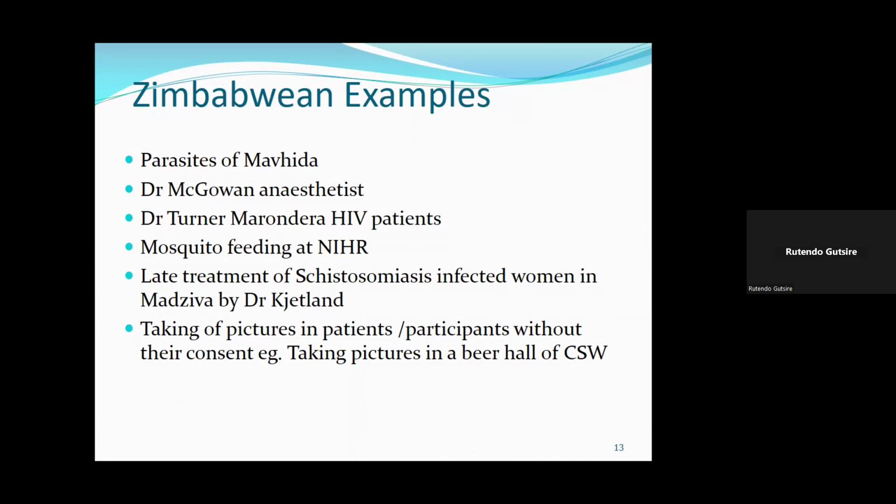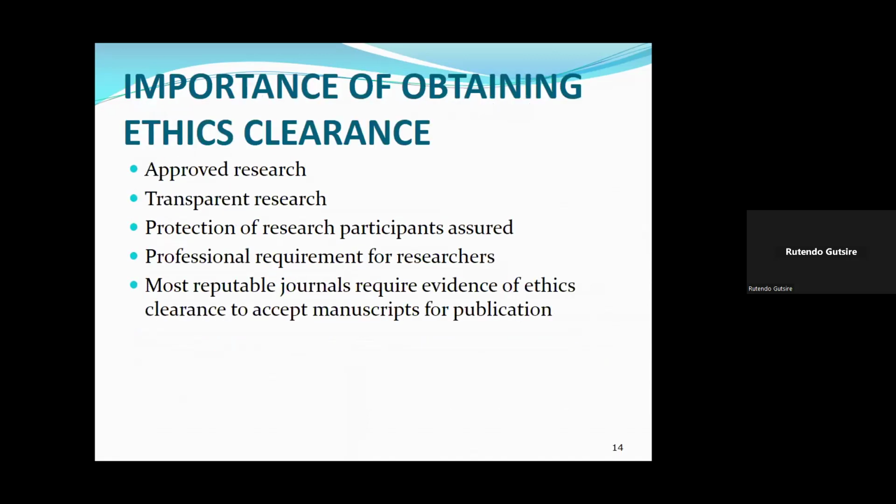When he came back, he went straight to the director and said, we have to stop this mosquito feeding using human beings. There are technologies. So that's why we are having this course. We want you to develop innovative projects, innovative proposals, innovative goods that can be used where we are doing things using old methods, which can be replaced.